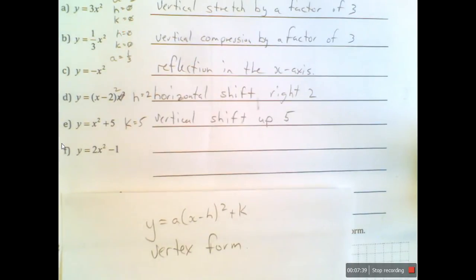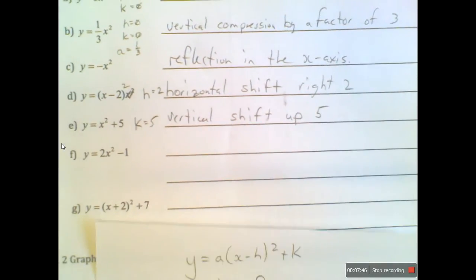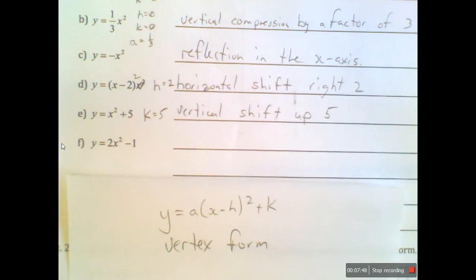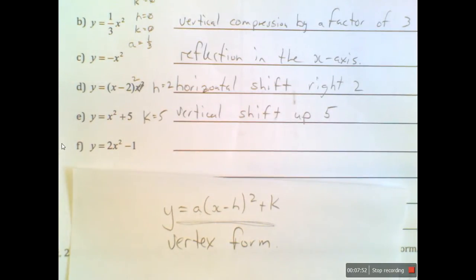Okay, and then a couple where you've got multiple things going on. So again, if I compare it to my vertex form, just the general version, what's happening here? I've got a 2, I've got the x squared, that's fine, and I've got a -1.